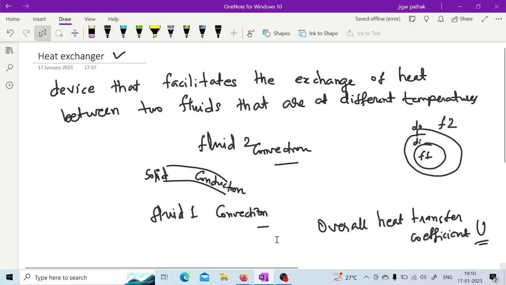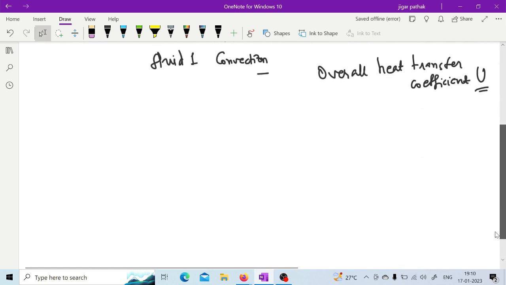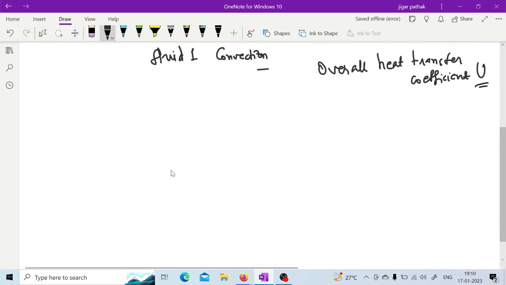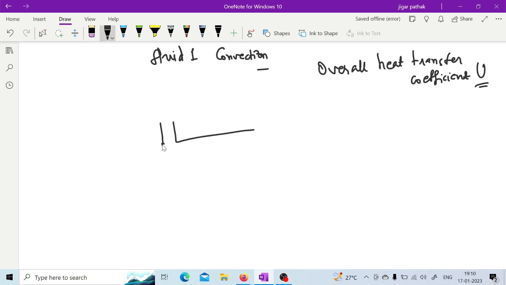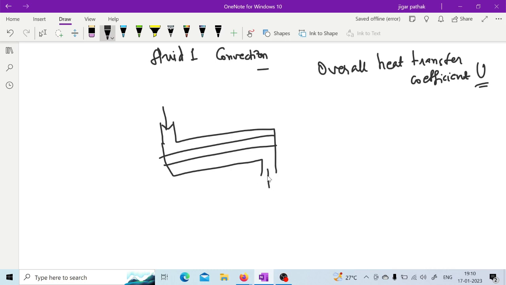We will see how different heat exchangers are. But suppose you discuss the basic construction of this heat exchanger, then suppose you have here your cold fluid in and cold fluid out, while here you have your hot fluid in and hot fluid out.